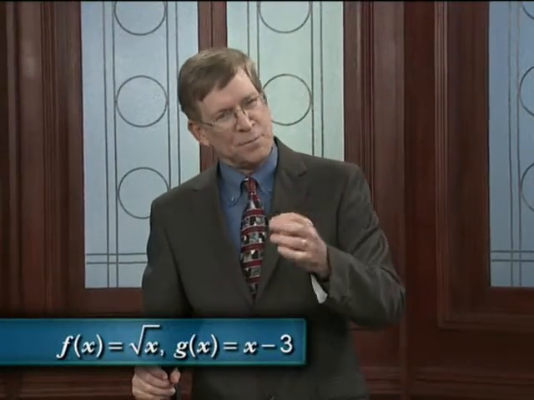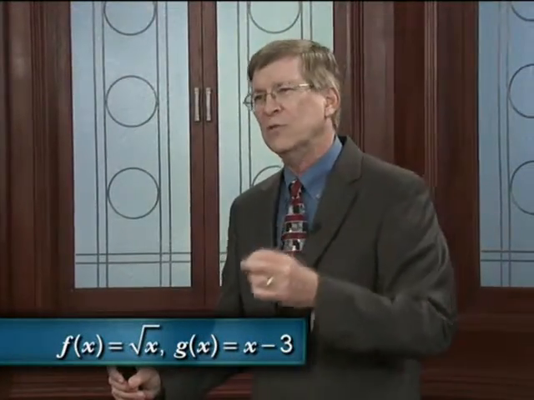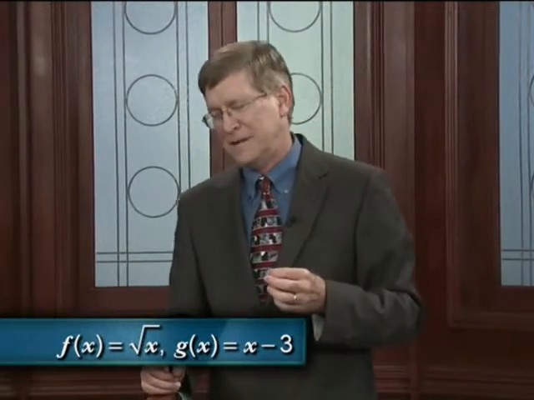Let's turn now to composition. This is evaluating one function and then afterwards evaluating a different function. And again, I'll use those same examples. f will be the square root function and g will be the function x minus 3. So what do we mean when we say f composed with g?